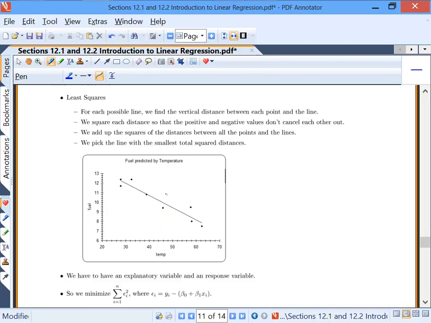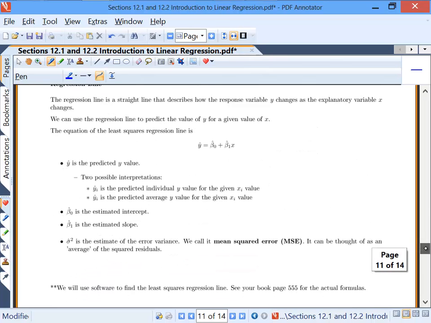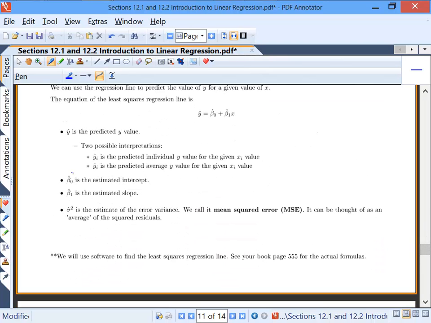I could plug 50 into my equation and get my answer, and I can either interpret that as the fuel I will need next time it's 50 degrees, or I can interpret it as the fuel that I will need on average for all weeks that have 50 degrees. So you can interpret that either way.